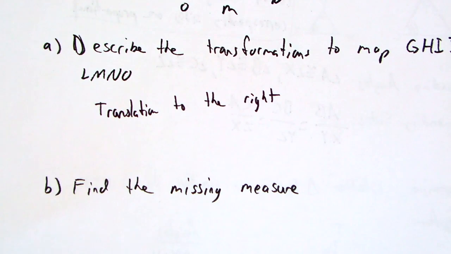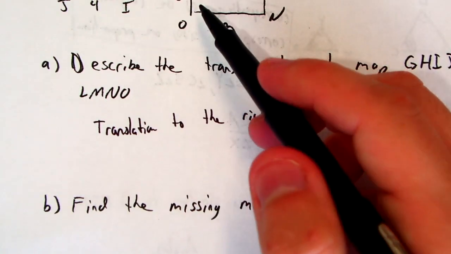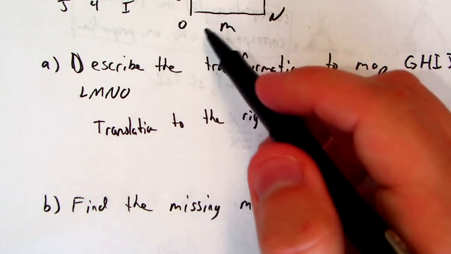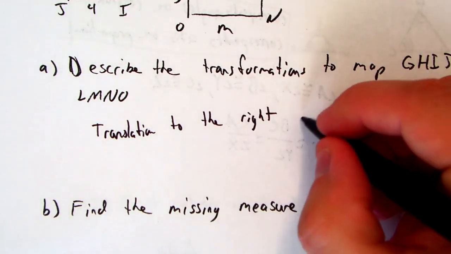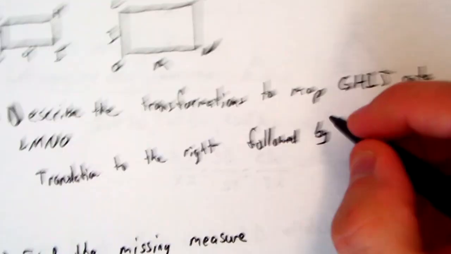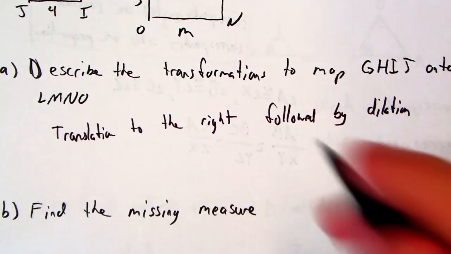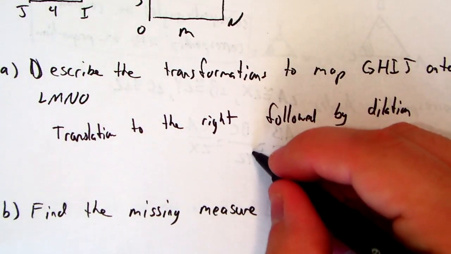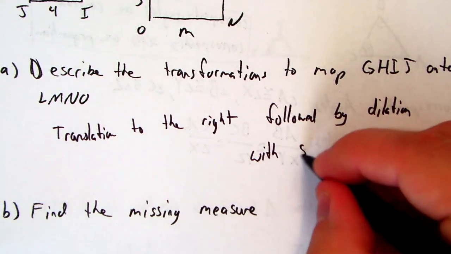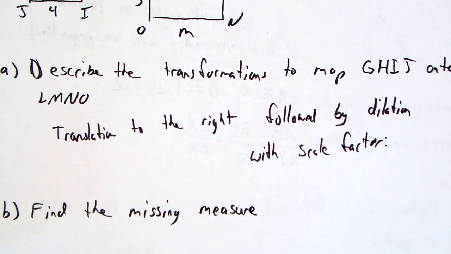And because they're not the same size, we want to get them to be the same size. The only kind of transformation that we can use would be a dilation. So followed by dilation. Now we need to find the scale factor.